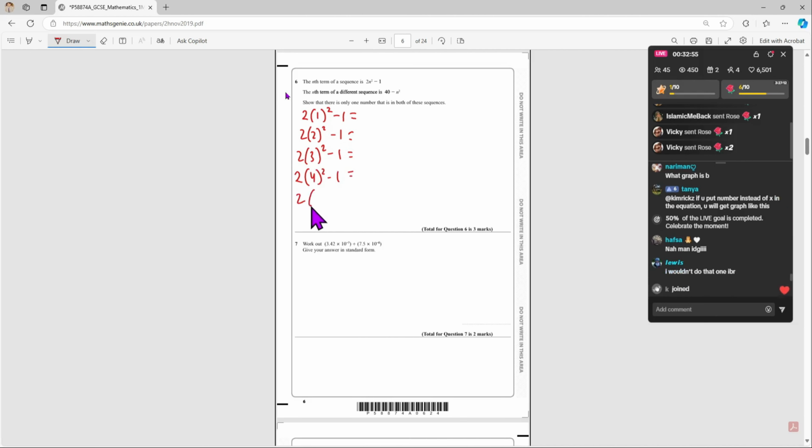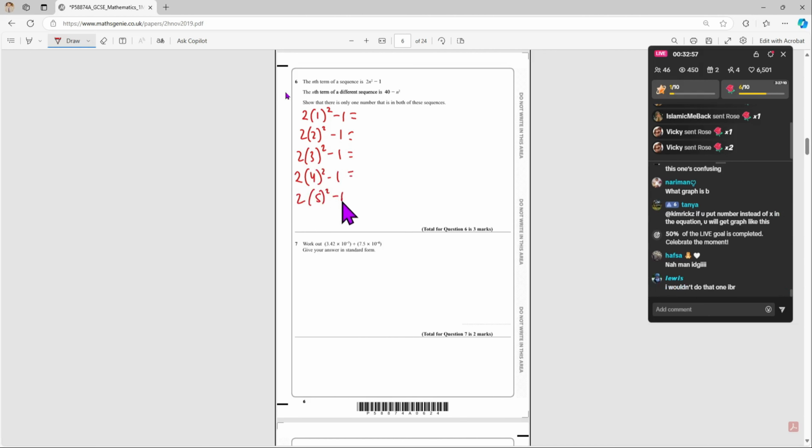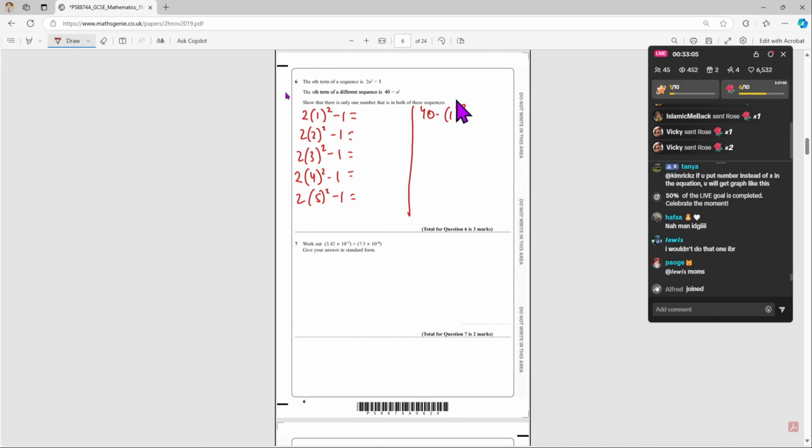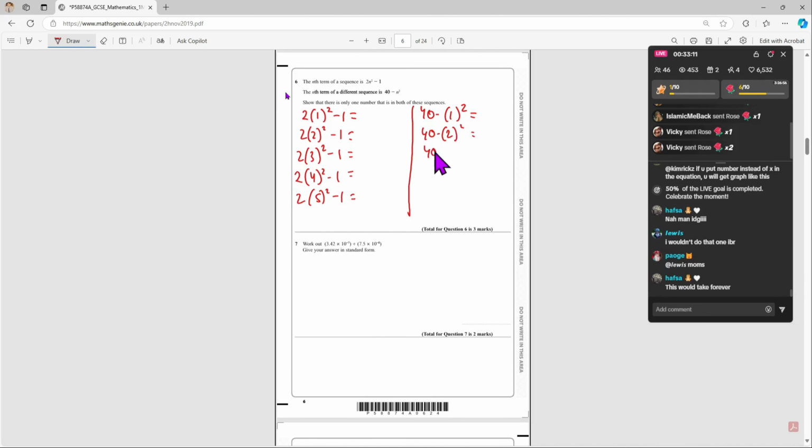Let's go up to 5 squared. And then we're going to do the same thing with this one. So 40 minus 1 squared, and then 40 minus 2 squared, 40 minus 3 squared. Let's see what you will get, and we're going to see if there is a common number in them.